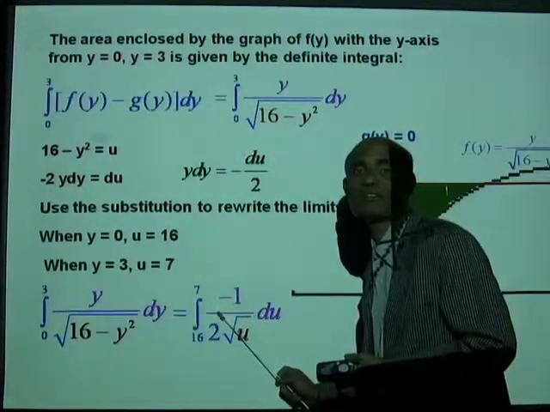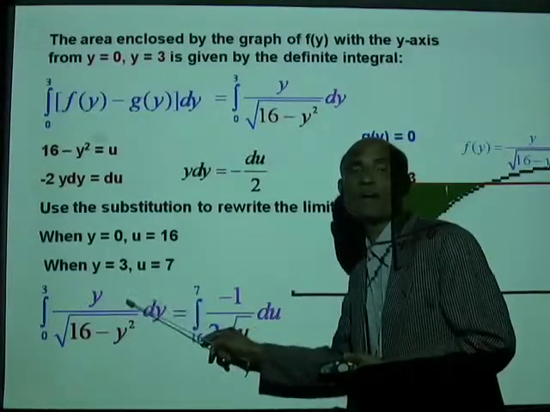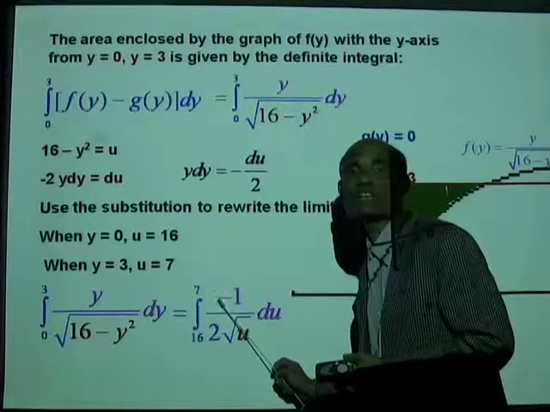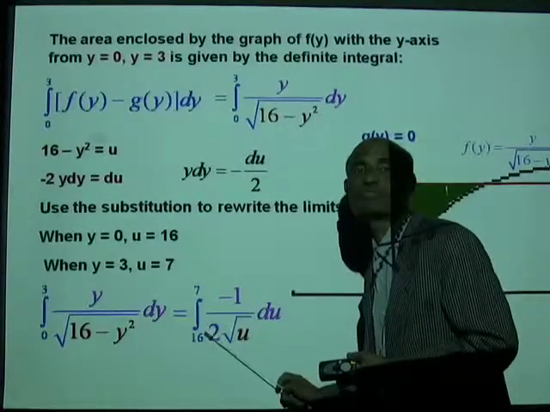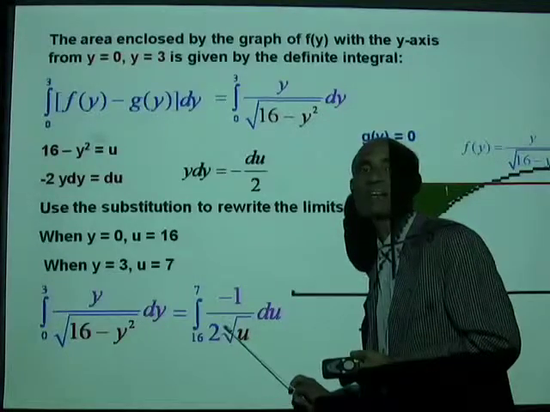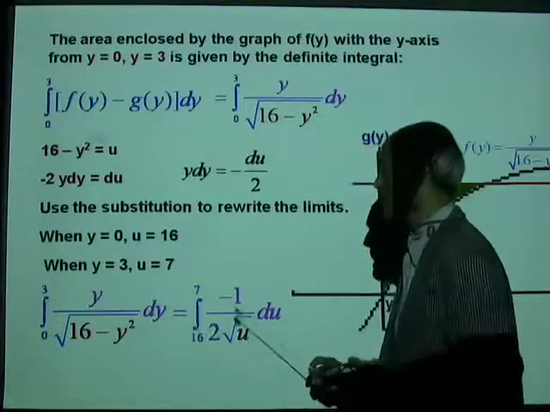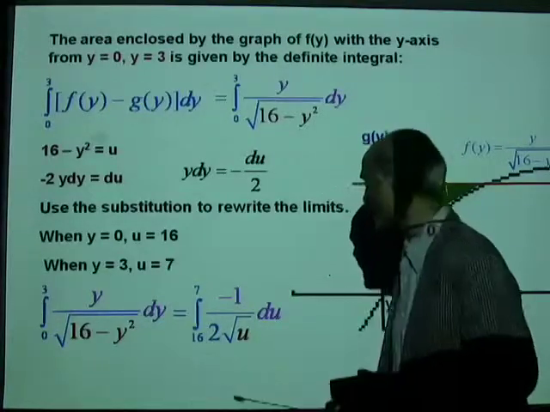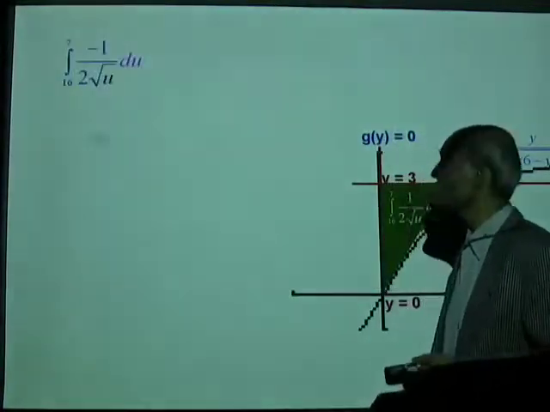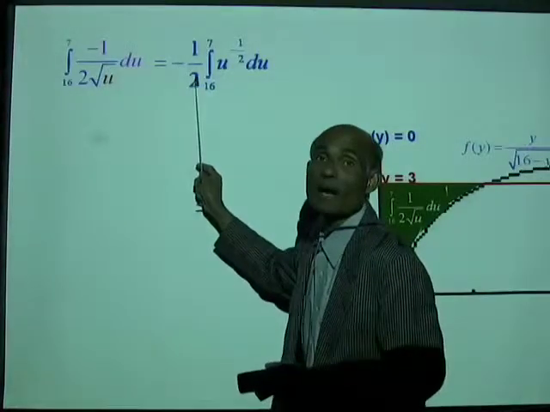Did you understand this? If you recall, our y dy is negative du over 2. There you got negative du over 2, and on the denominator you have square root of u. Alright, now this negative 1/2 can be taken out, is that right? There you go.